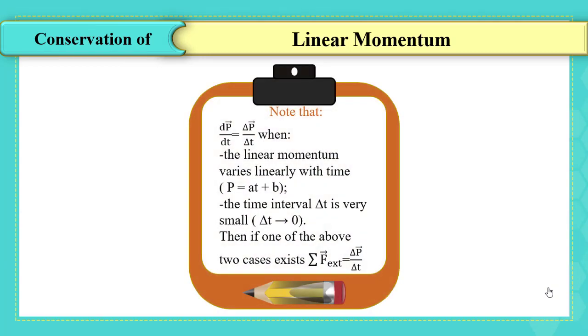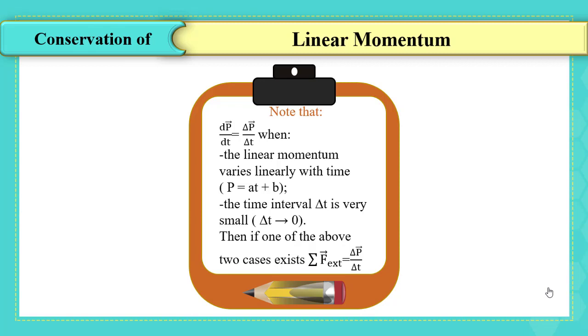Note that we say that dP vector by dt equals delta P vector by delta t when the linear momentum varies linearly with time, where P equals at plus b. If we differentiate it, we have the constant a, and if we take the variation delta P by delta t, it will be the slope of this equation.